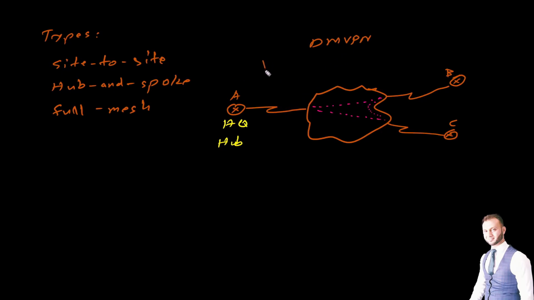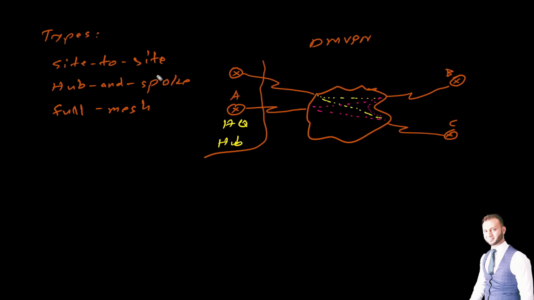If we have, let's say, my HQ, we also have something called dual hub DMVPN, where we may have another hub here, and it also has a public connection. So the clients would also create a separate VPN tunnel or session or circuit with that other hub as well, for the purpose of redundancy. So they will have another circuit going on like this as well with the backup hub.